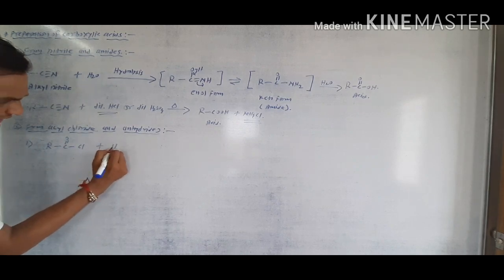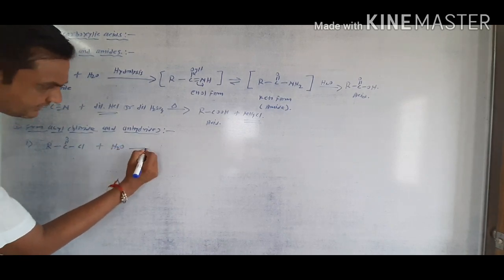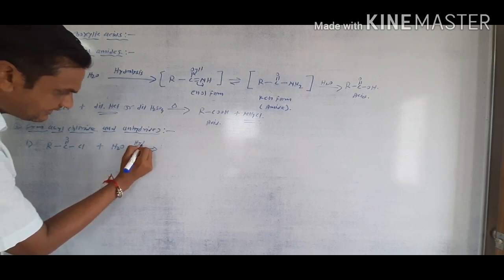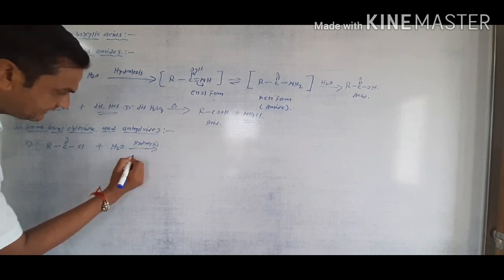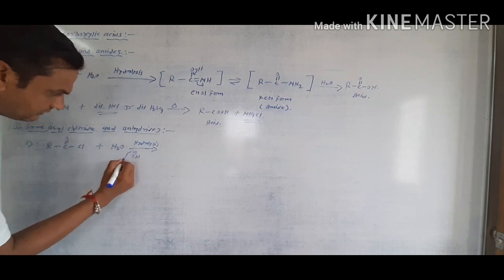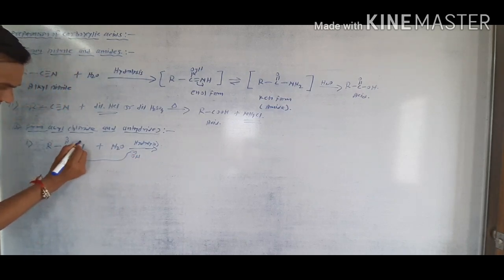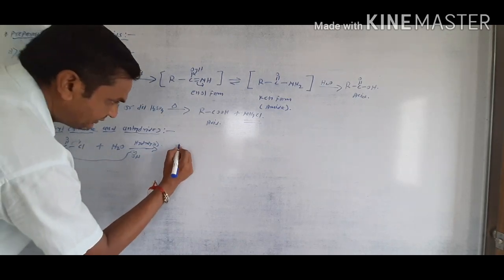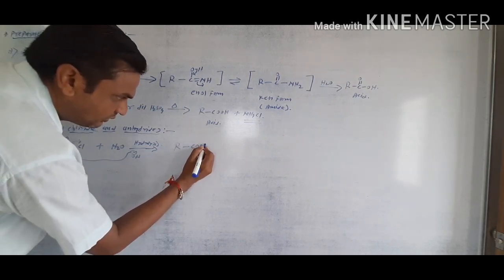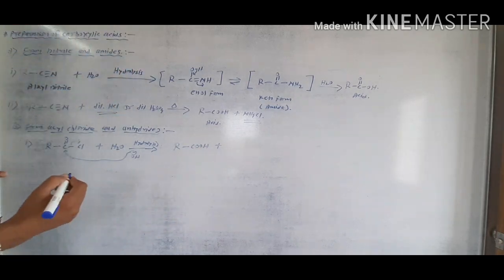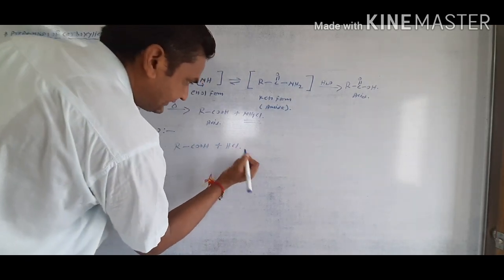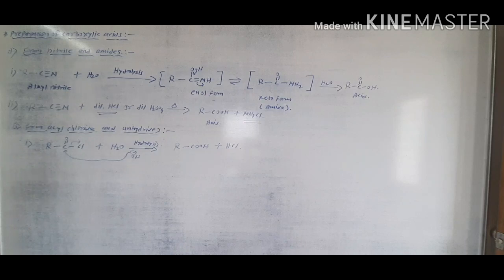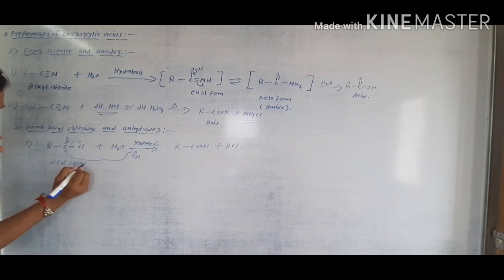There will be simple hydrolysis, in which the nucleophilic attack of this OH occurs, and then Cl minus is removed, giving the product RCOOH plus HCl. This molecule is the acyl chloride.